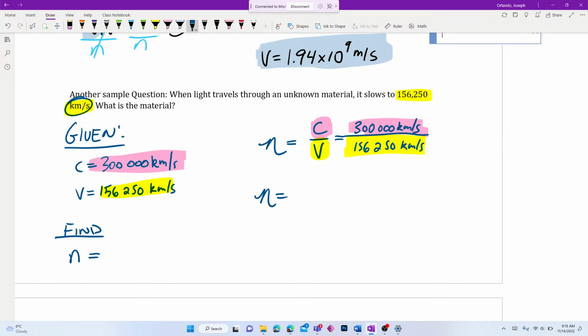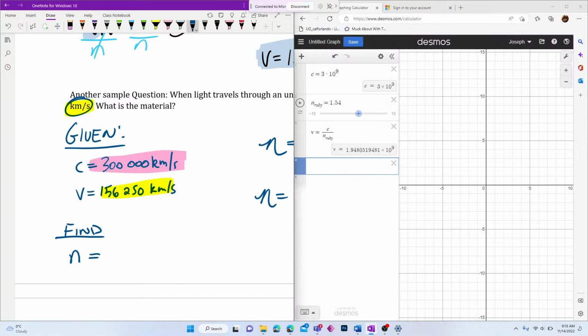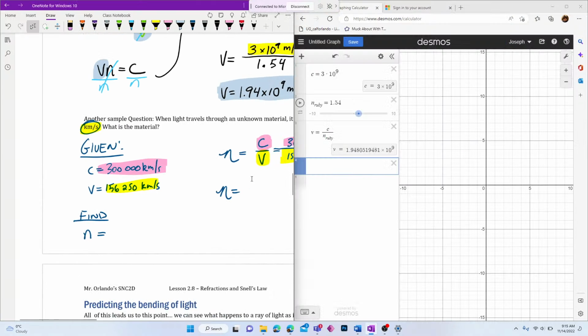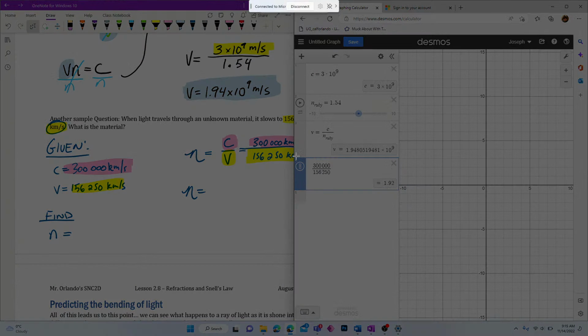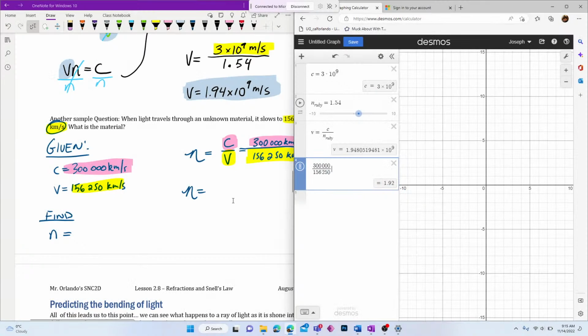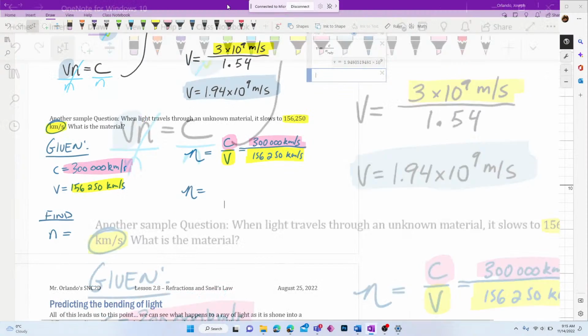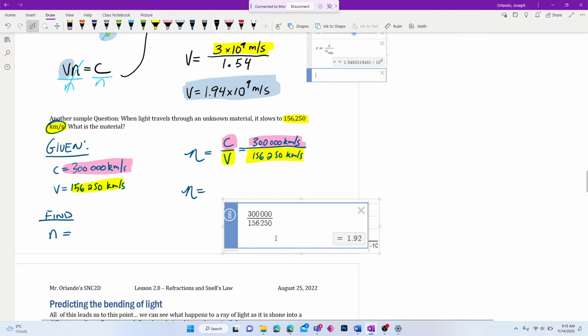And I'm going to need a calculator here. So I will again grab Desmos really quickly. What do we get as an index when we do that? We get an index of 1.92.